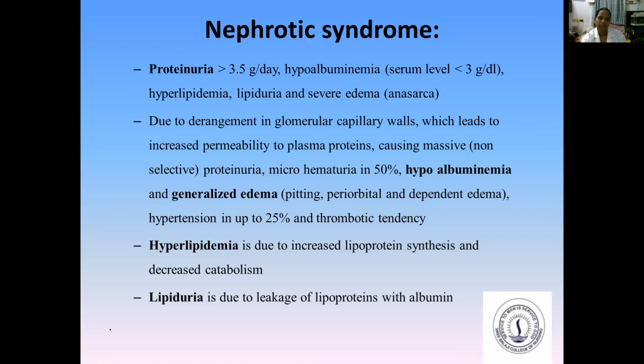Hypertension in up to 25%, and the patient will have thrombotic tendency. Hyperlipidemia is due to increased lipoprotein synthesis and decreased catabolism. So because of the increased lipoprotein synthesis and decreased catabolism, there will be increased level of lipids in the blood. Then lipiduria is due to leakage of lipoproteins with albumin.